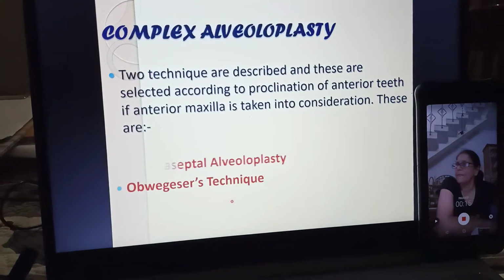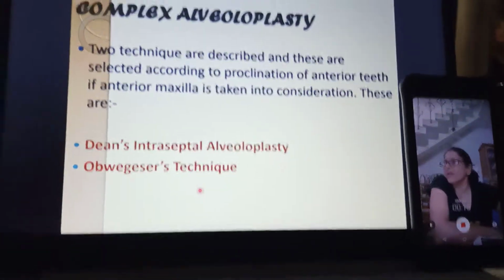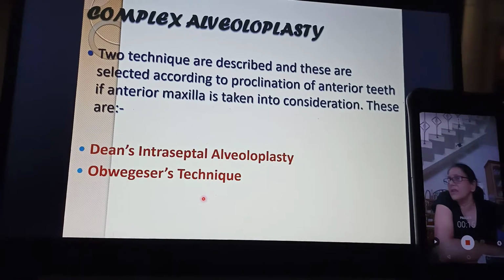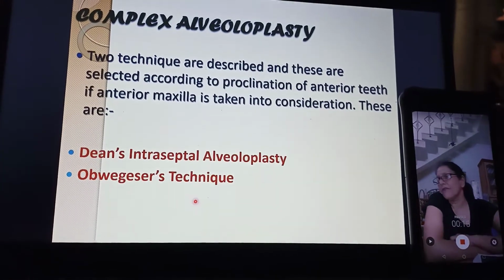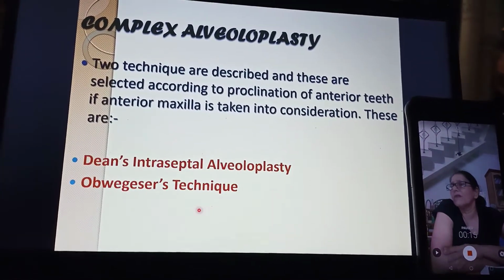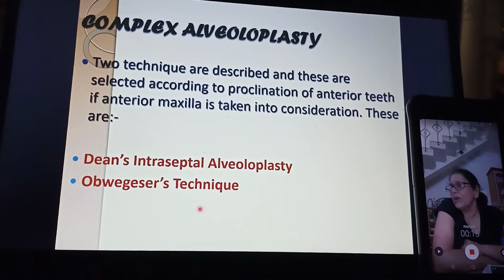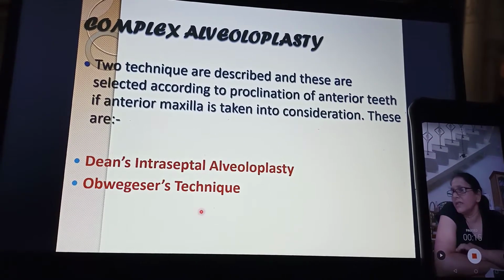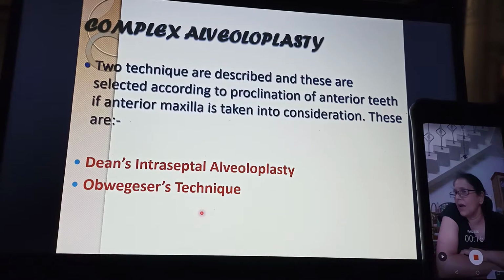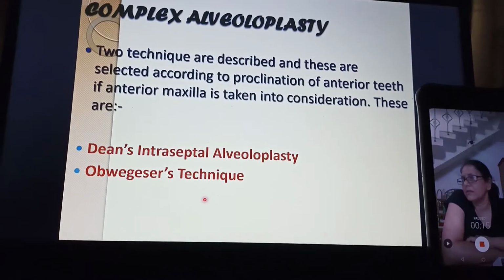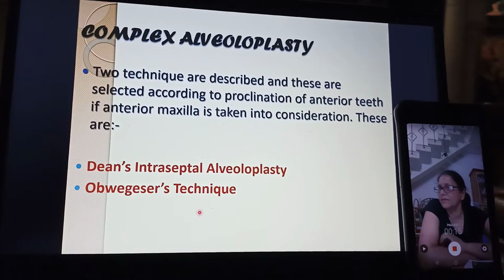Next, coming to complex alveoloplasty, that is very important even from a short note point of view or viva point of view. You have to divide that into Dean's intraseptal alveoloplasty, and second is Obwegeser's complex technique.